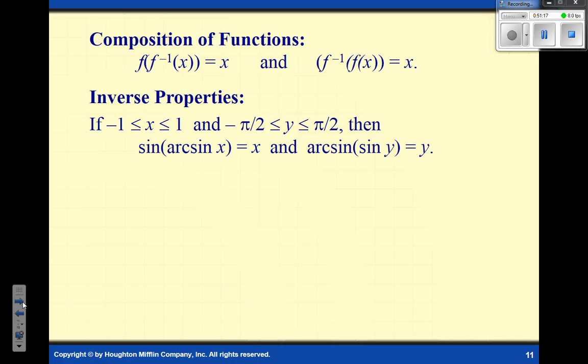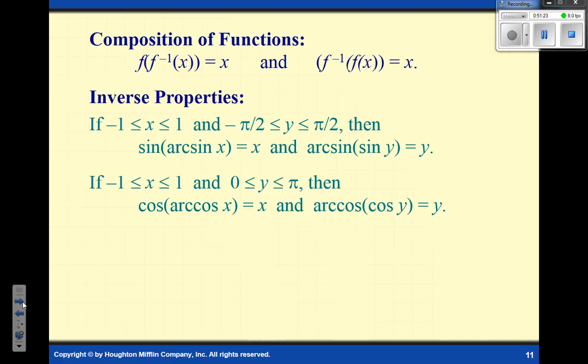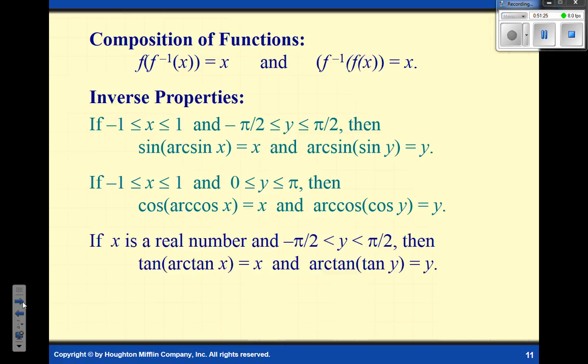So this is just a review of what we talked about earlier, the domain and range of each of the inverses. This is for sine, this is for cosine, this is for tangent. Do you remember what they all were? You should have them on your paper somewhere already. We just wrote them in interval notation, and this is function notation. Yes, they do, with one exception. I've got some examples to show you.